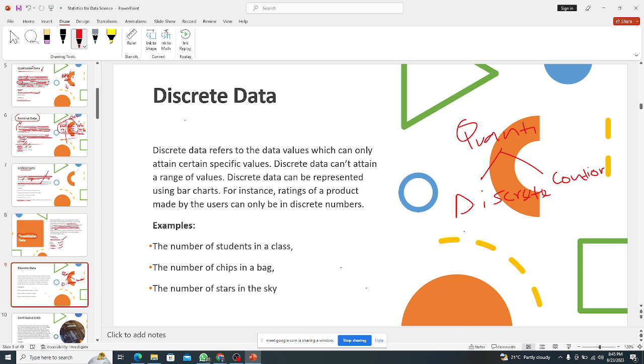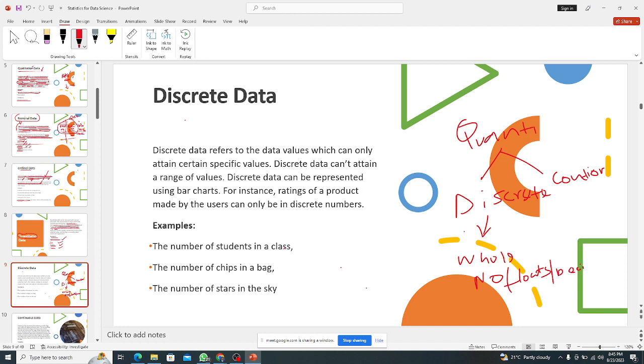Under discrete, we say this takes only whole numbers. No floats attached to it. Basically we are saying no decimals.